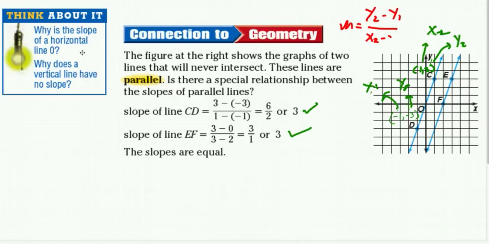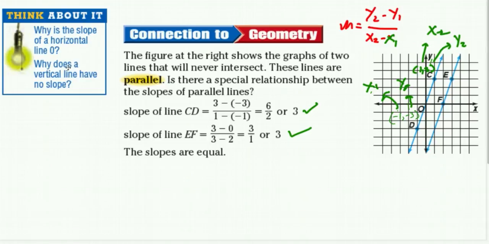Okay, now question is, think about it, why is the slope of a horizontal line 0? Why does a vertical line have no slope? Think about the formula for slope, y sub 2 minus y sub 1 over x sub 2 minus x sub 1.